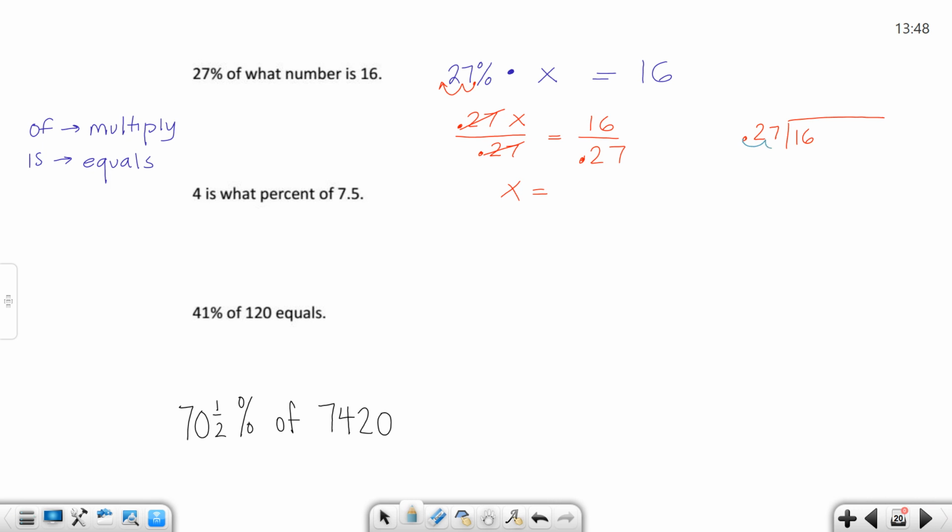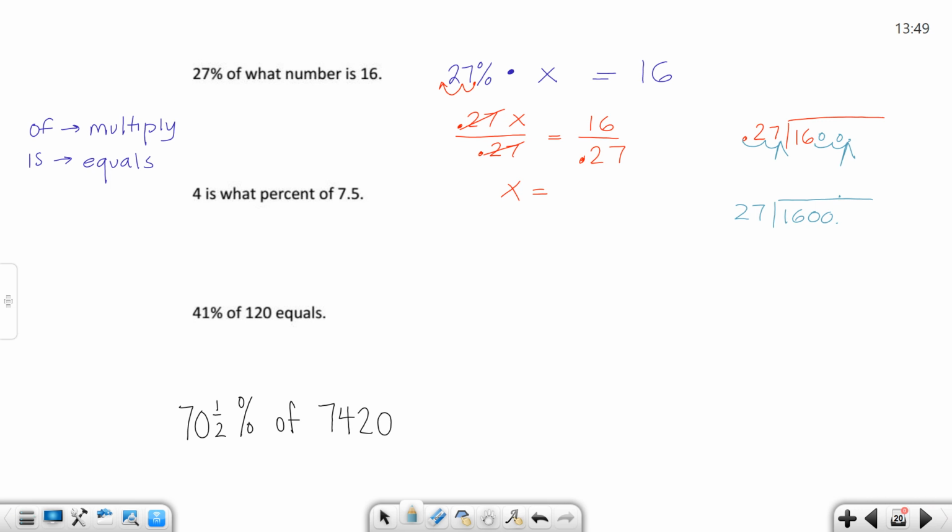Okay, so I'll move my decimal 2 places over, which means I have to move it here 2 places over, and then we can divide. So we're dividing 27 into 1600, and that's where my decimal would be.